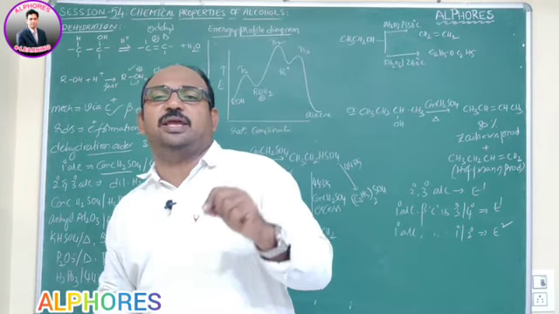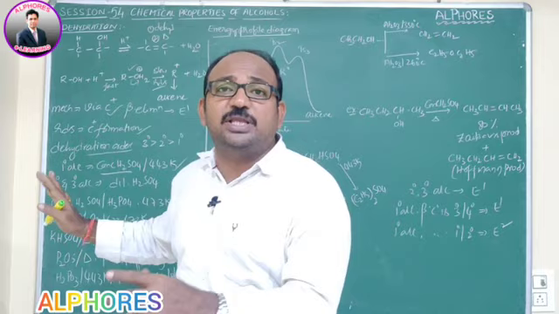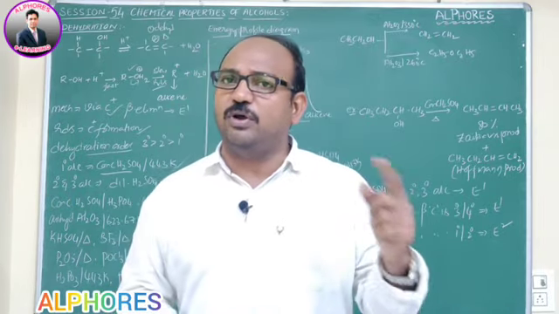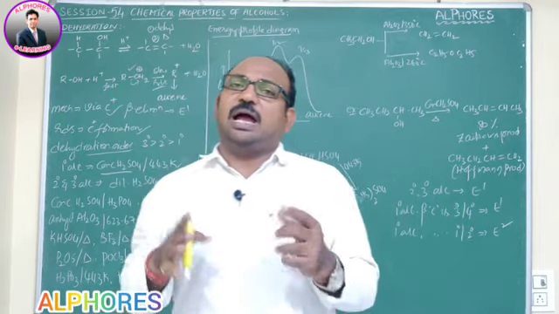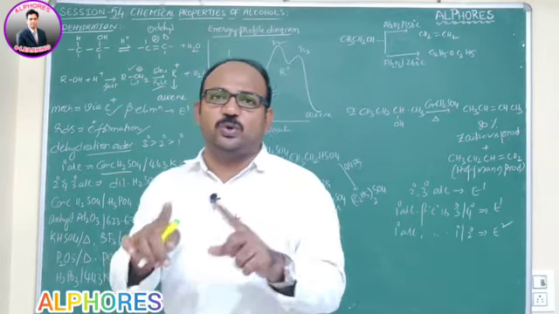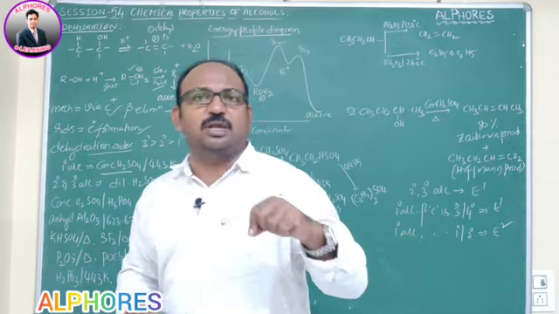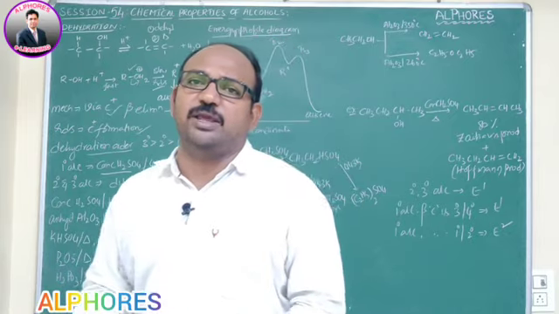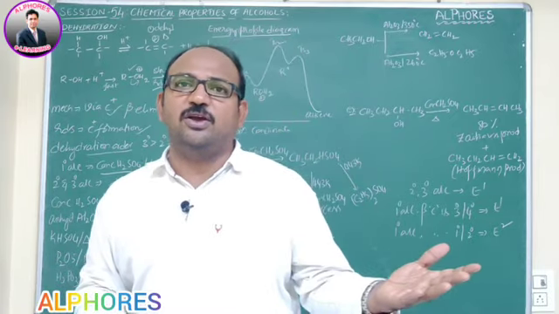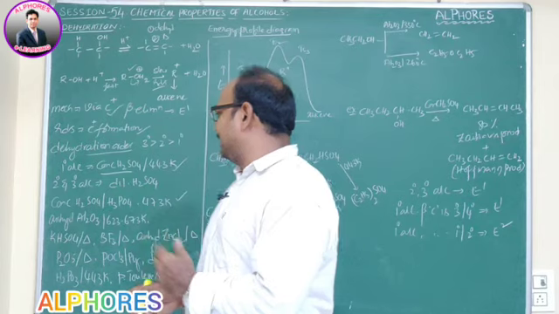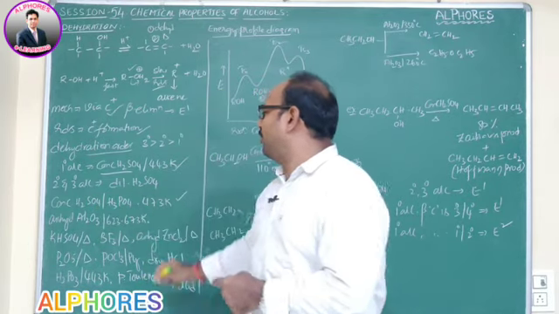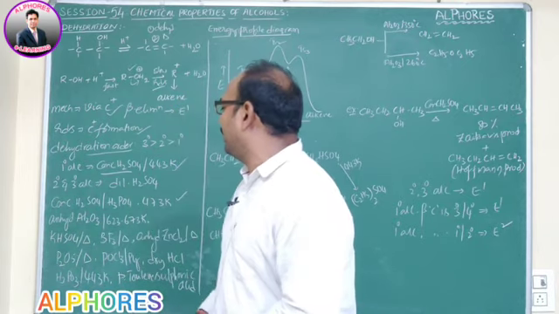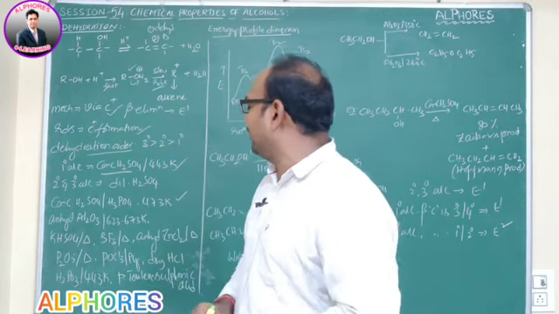Depending upon the dehydrating agent, different temperatures need to be maintained, and all these dehydrating agents do not follow the same mechanism. In this session I am going to discuss two dehydrating agents, one which forms a carbocation intermediate, and one without formation of any carbocation. Let us see. H2SO4, H3PO4 at 473 Kelvin, and anhydrous Al2O3 at 623 to 673 Kelvin.